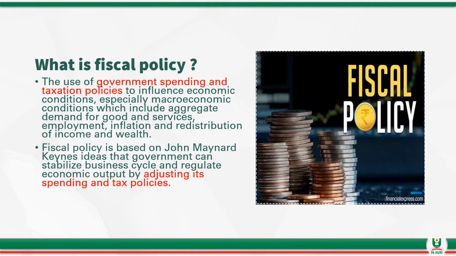So fiscal policy is based on John Maynard Keynes' idea that government can stabilize the business cycle and regulate economic output by adjusting its spending and taxing policies. So this is a negation of the classical doctrine of laissez-faire, where government will just play a supportive role.